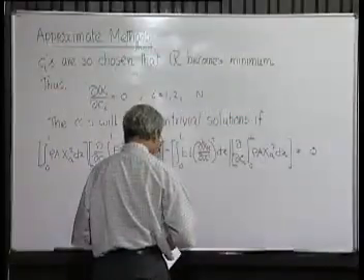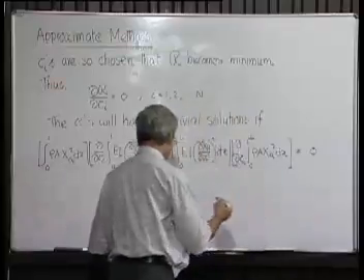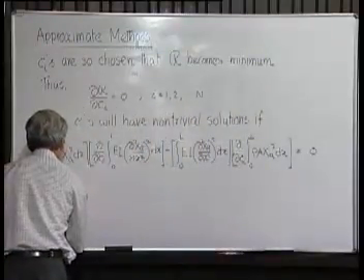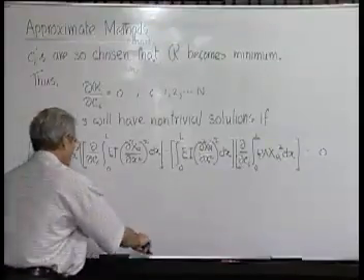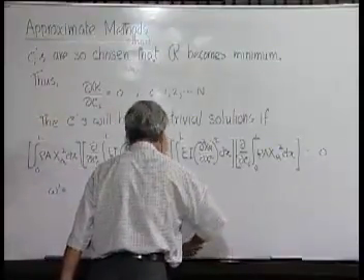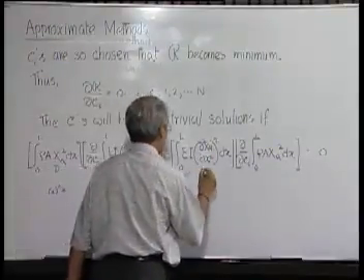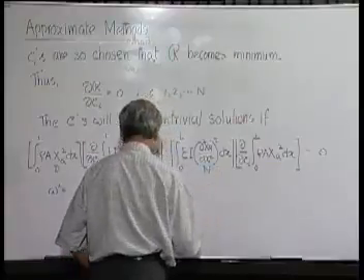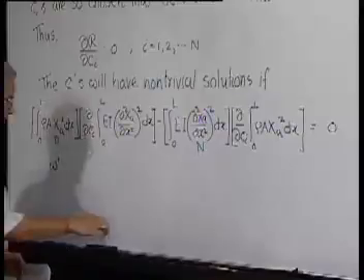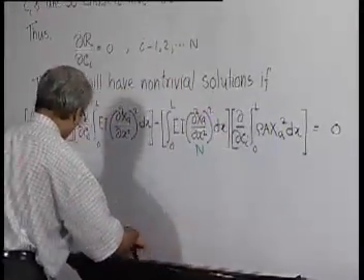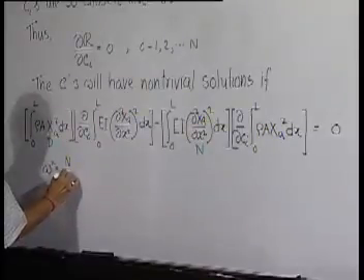Now, we further know that omega square is equal to, this is the denominator, this is the numerator. So we know that omega square is equal to numerator by denominator.